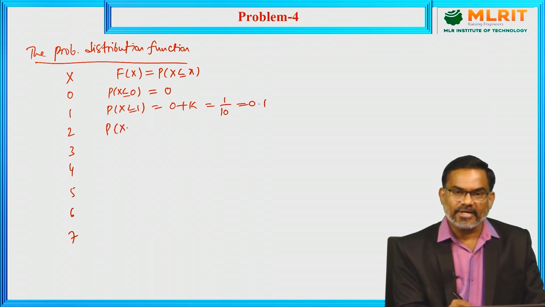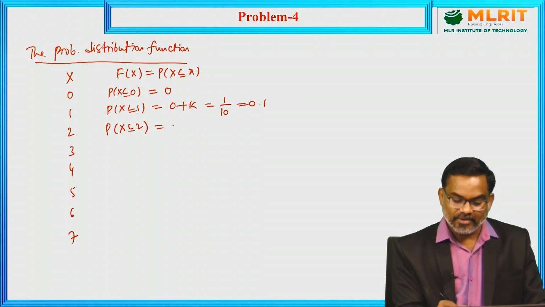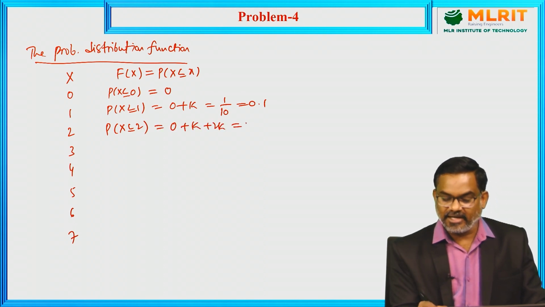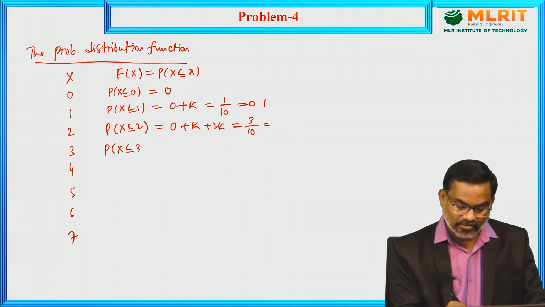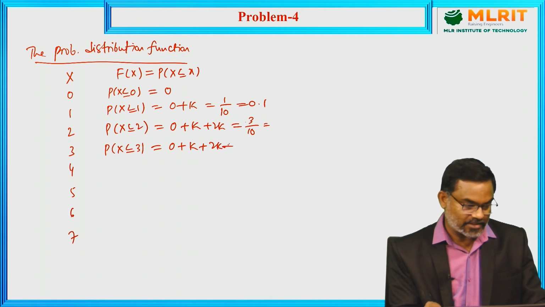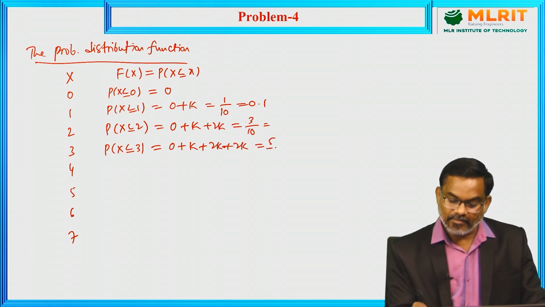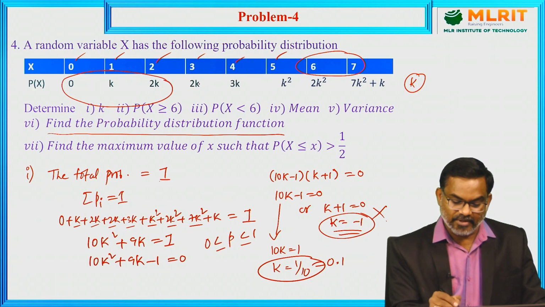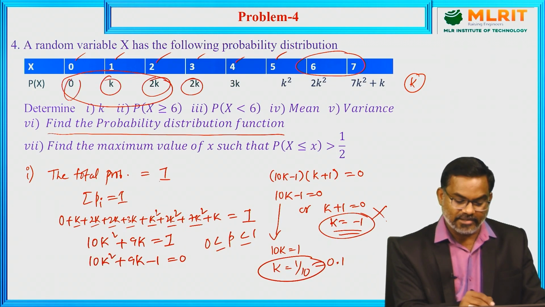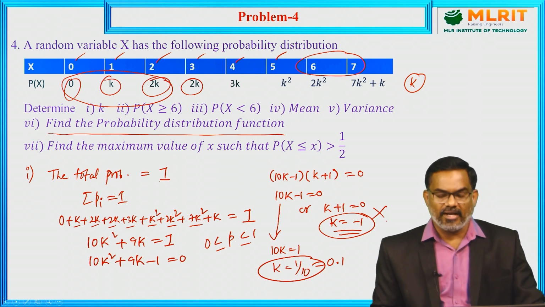And probability of x less than or equal to 2 is 0 plus k plus 2k, which results as 3k, so 3 by 10, which is 0.3. And probability of x less than or equal to 3 is 0 plus k plus 2k plus again 2k, 5 by 10, because less than or equal to 3 means 2k, 2k, k, 0. We need to add all these 4 values.